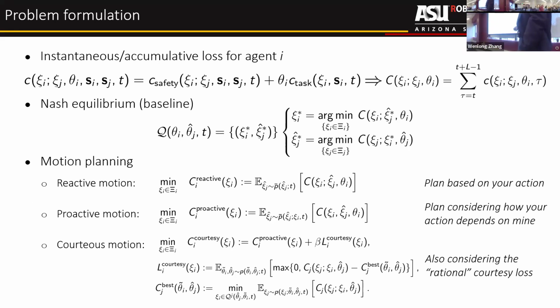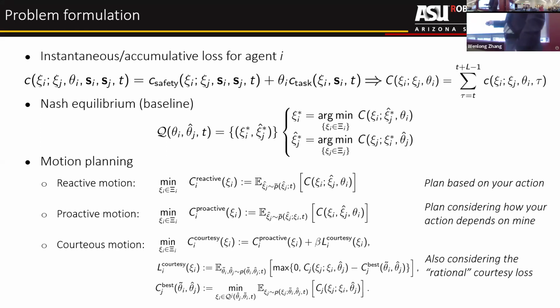Generally speaking, the courtesy loss calculates what will be the loss for you if I take certain actions versus what will be the loss if I do whatever I can to minimize yours, right? And whatever the difference is, that's the courtesy loss. That means I make you lose more, right, by taking certain actions. Of course, if that loss is zero, that means I'm perfectly courteous, right?